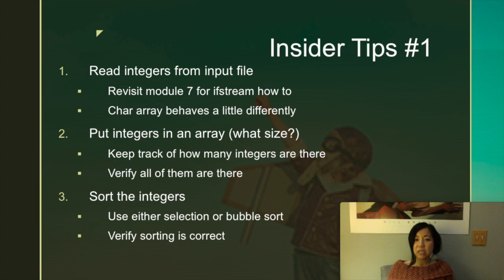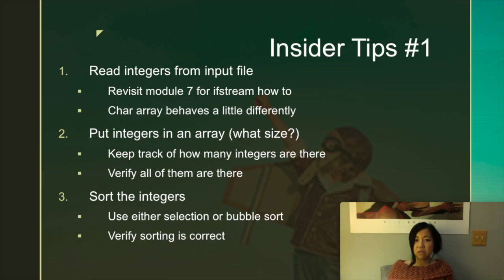When you read integers from the input file, you may want to revisit module 7, how to use the ifstream, open the file, and test if the file has been opened correctly. Just so you know, the character array behaves a little differently than the array that we are talking about here, but how to use the character array to get the file name input is also in module 7.